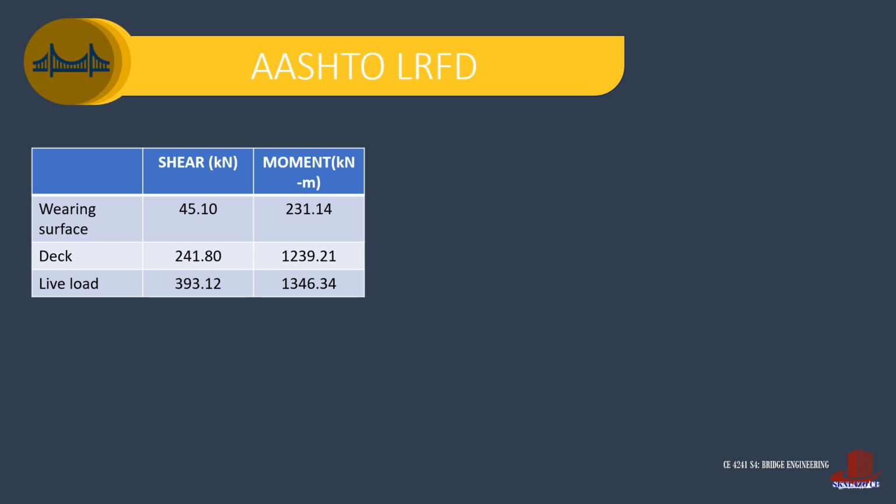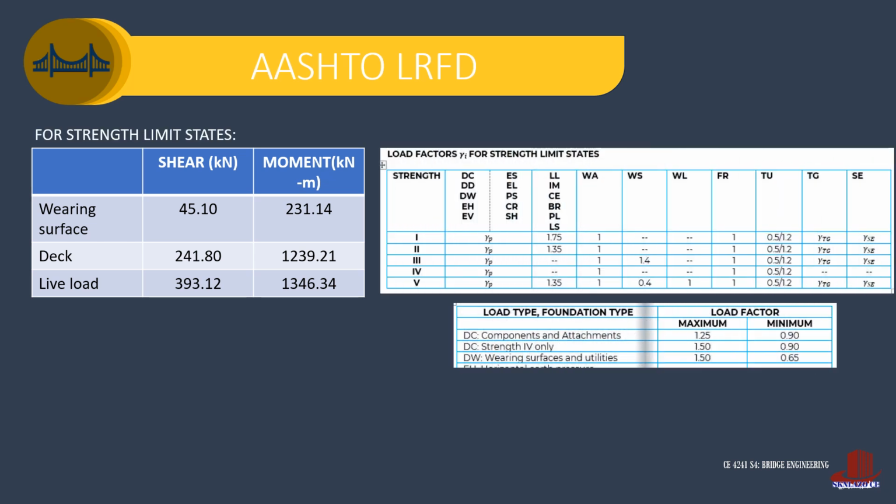Now that we have determined the raw shear and moment carried by a girder, we then place the factors from AASHTO LRFD. There are 4 limit states, where we can start with the strength limit state with the AASHTO table. Note that the factors for DW and DC are gamma p, which are found in another table as provided. Use the maximum factors, which are 1.5 for DW and 1.25 for DC.